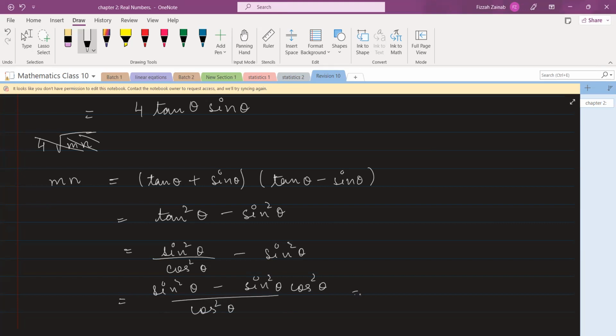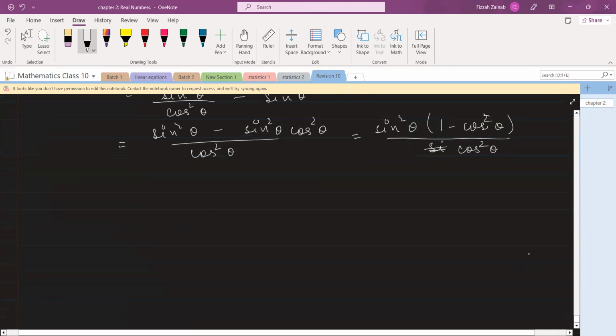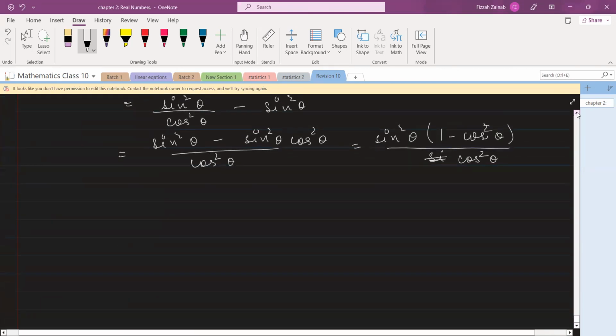See what is coming. I can take sine square theta outside, right? So I get 1 minus cos square theta, which is again sine square theta. No, sorry, you have cos square theta in the denominator.